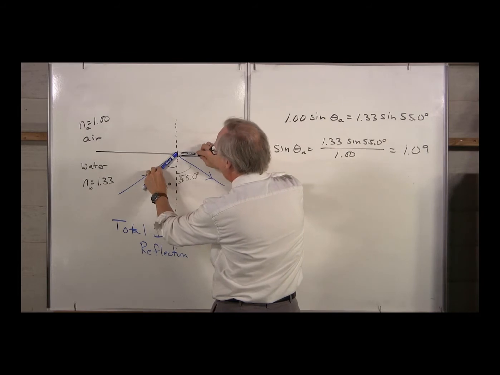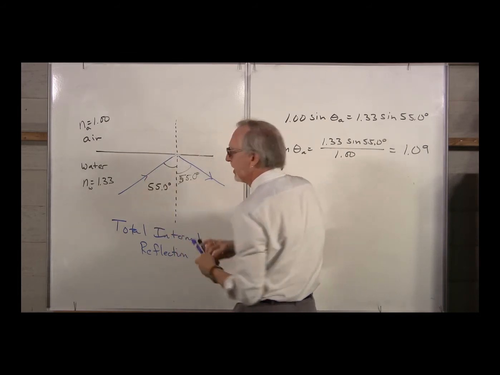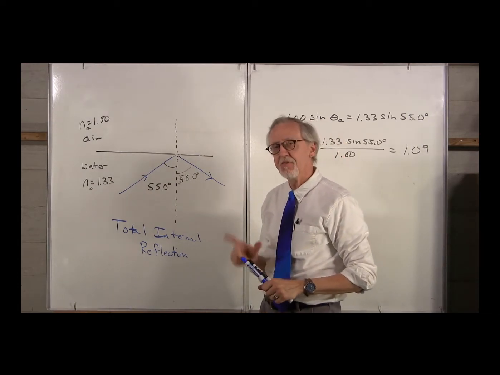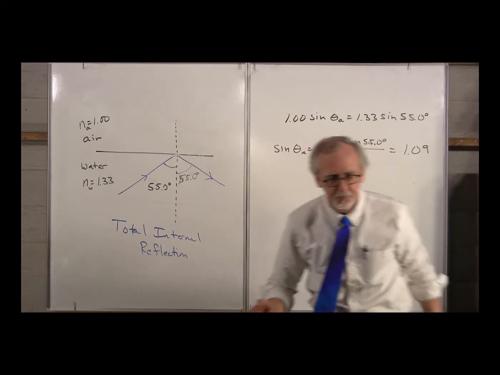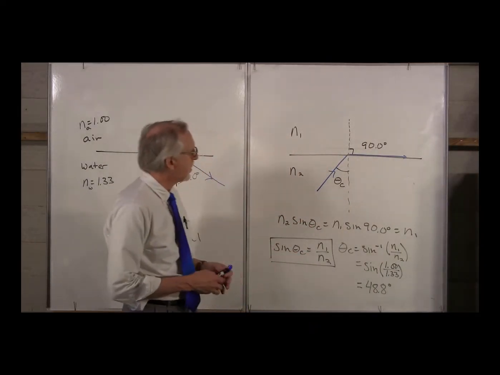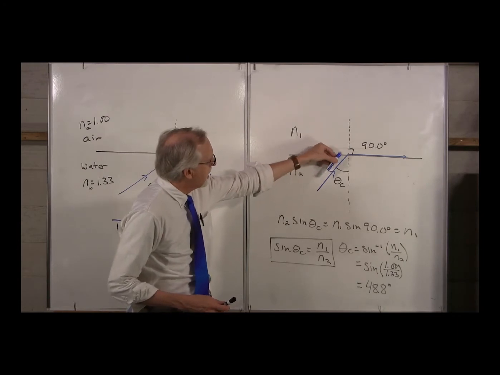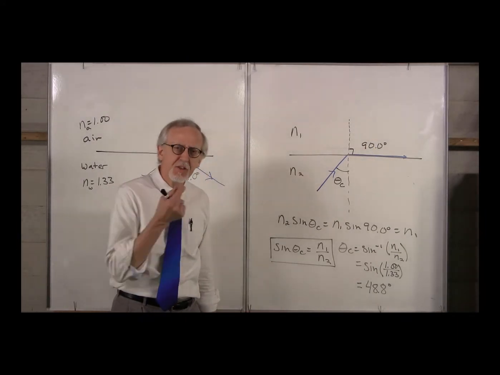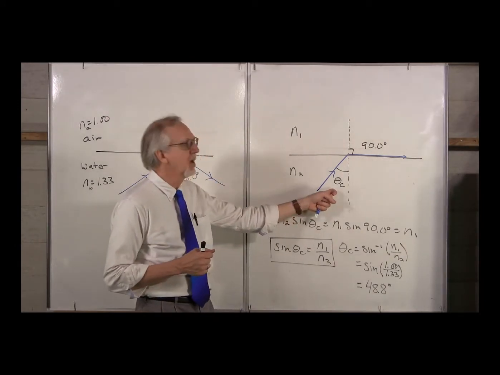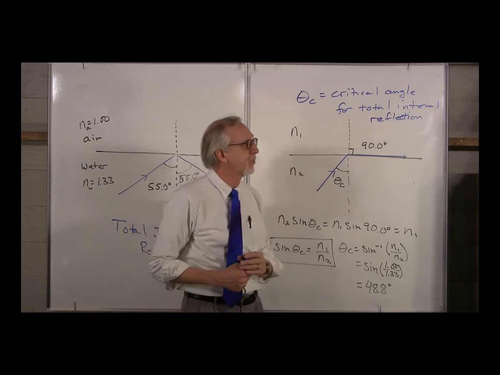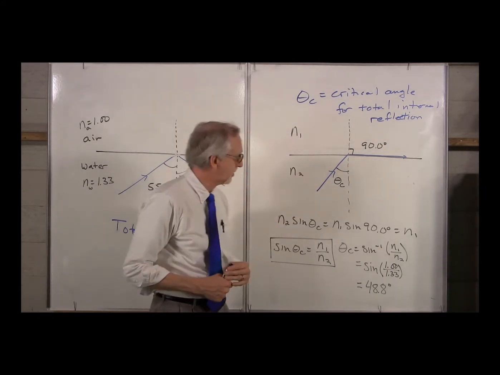Well, at what angle does this occur? What's this limiting angle? The angle when we get a refracted ray of 90 degrees. Well, let's stick that into our equation for refraction and figure that out. Let's imagine we have this incoming ray at this angle that gives us a refracted angle of 90 degrees. Now, this particular angle is called theta sub c. Theta sub c is the critical angle for total internal reflection.